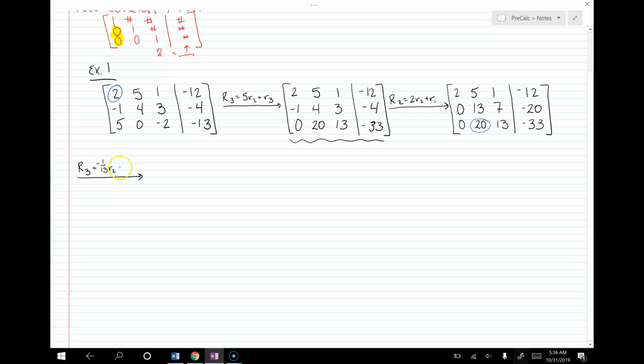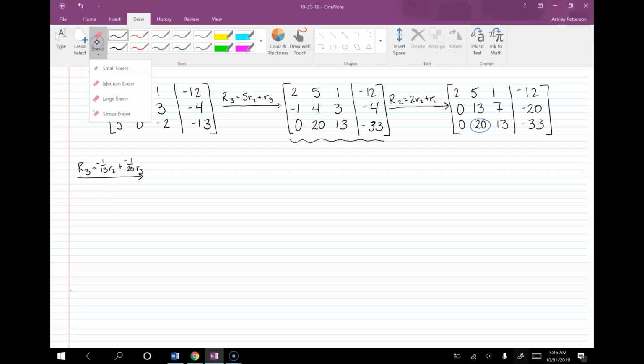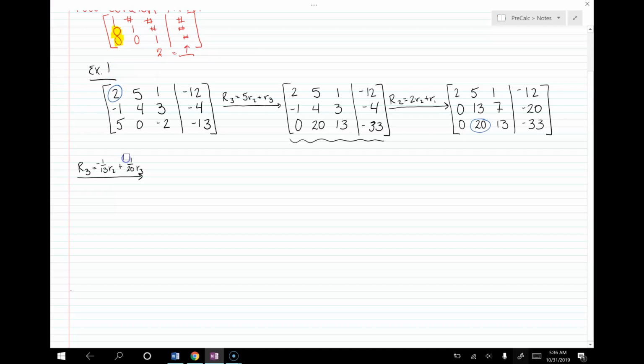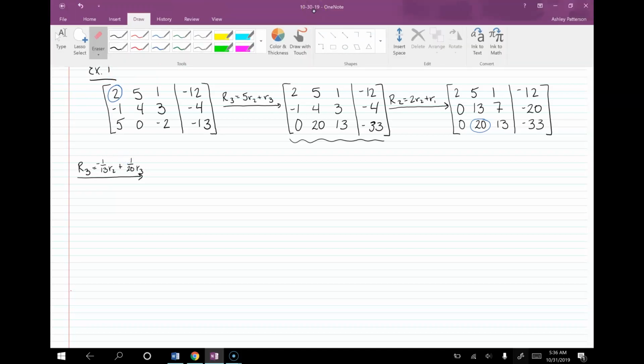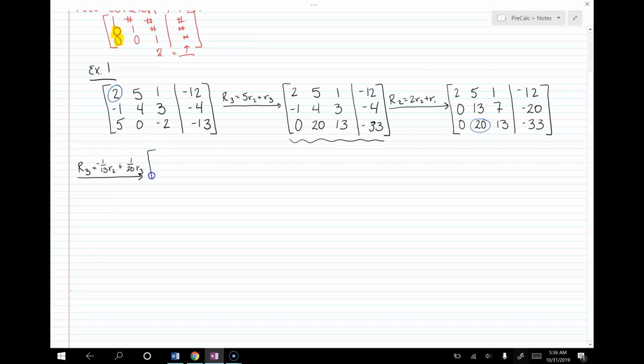And then I'm going to add that to negative 1/20 times row 3, because negative 1/20 times 20 gives you, oh, we don't want negative, because our goal is to add them together. There we go. Okay, so let's give it a whirl and see what happens. So the first row is 2, 5, 1, negative 12.